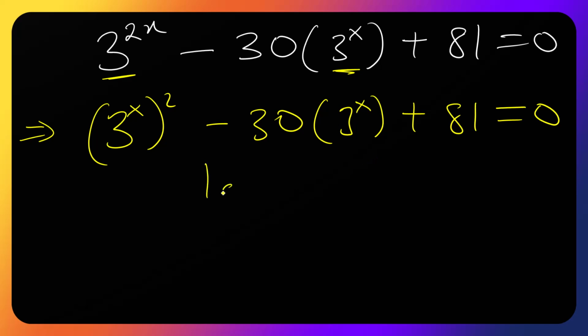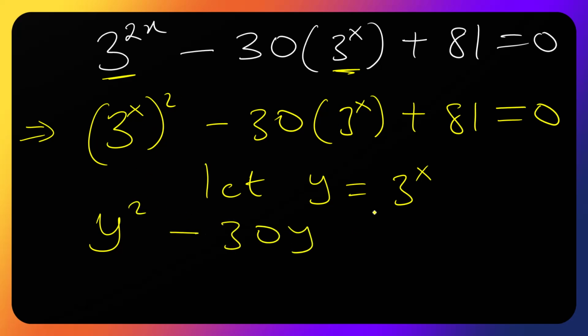Now let y be 3 to the power of x. Okay, so we do substitution. Put y here: y squared minus 30y plus 81 equal to 0.